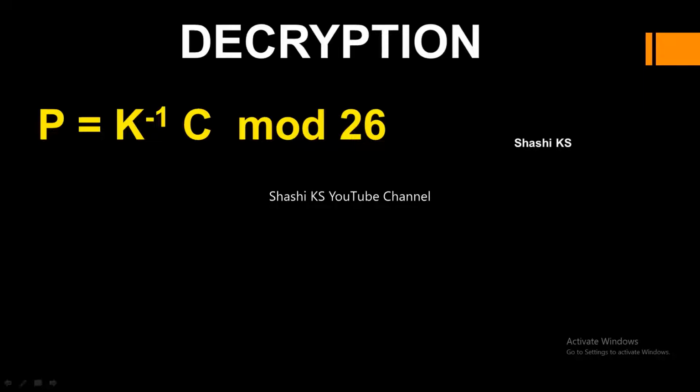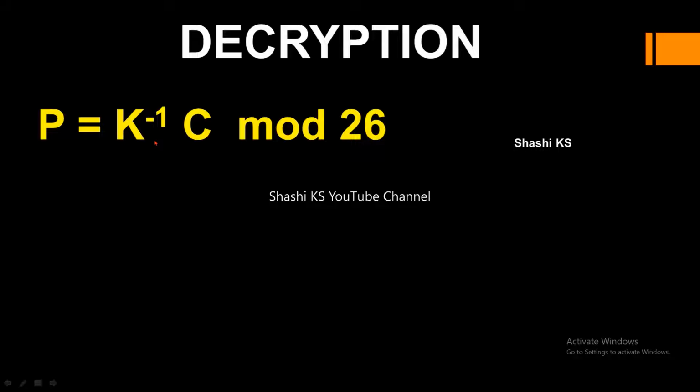Okay, the formula which you have to use for doing decryption in Hill cipher, to get the plain text back, is key inverse into C mod 26. So you have to find the inverse of the key here. We have already seen that we are working with symmetric cryptography. The same key will be used by both the sender and the receiver.